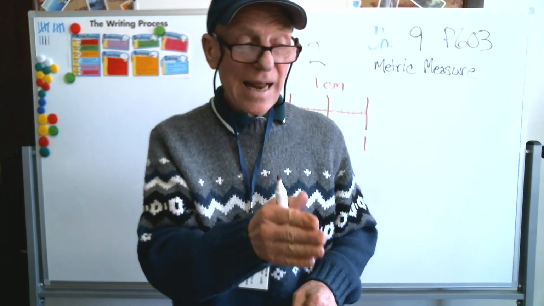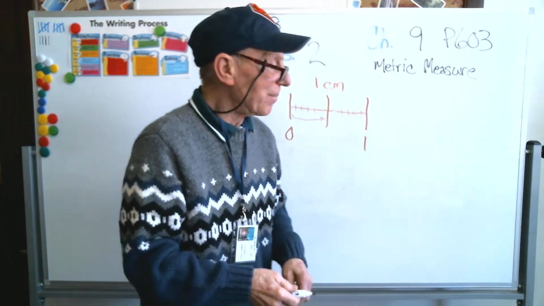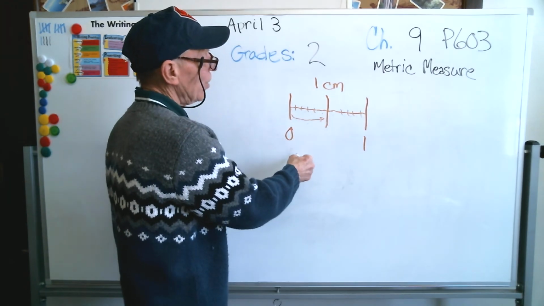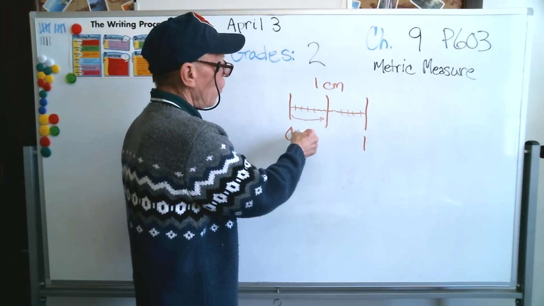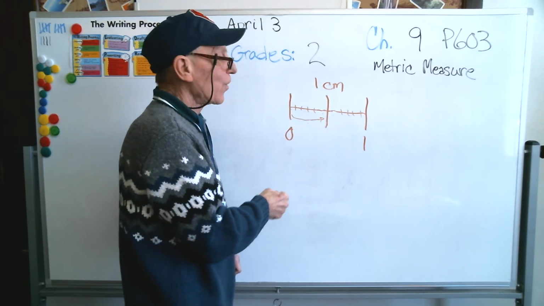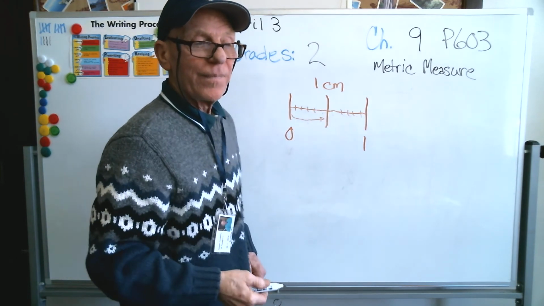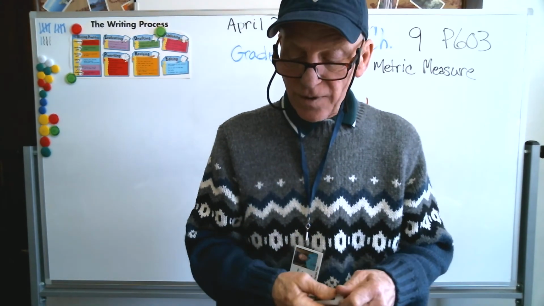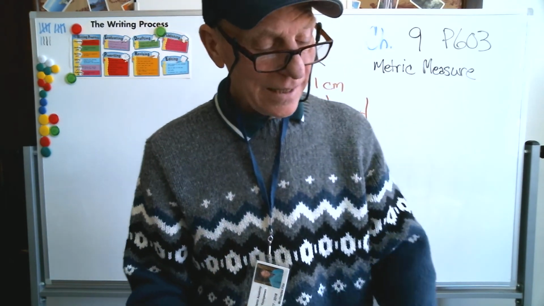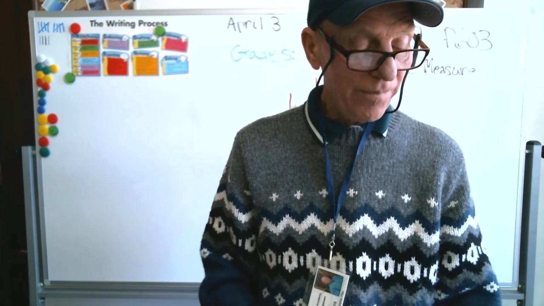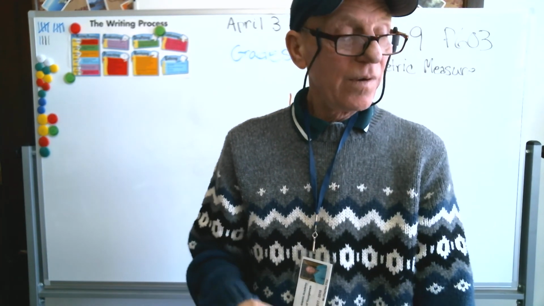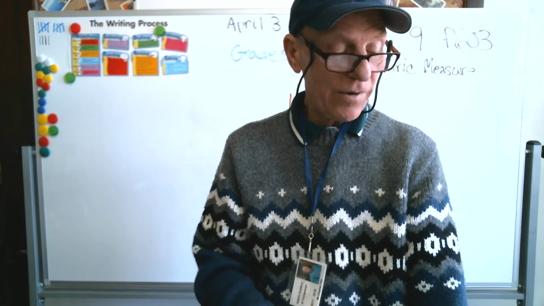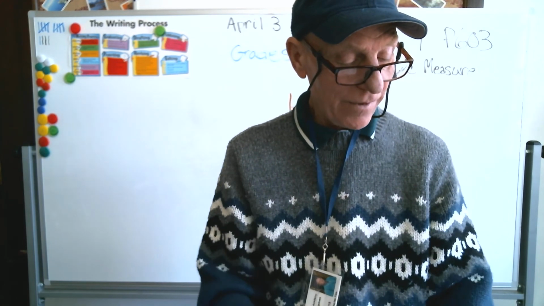Now, if it hits that half, that big line in the middle, then you can go ahead and say 1/2 centimeter or 1 1/2. If you're really sharp with your measuring skills, you'll be able to recognize when the object you're measuring is 1/2 centimeter on top of a whole centimeter.